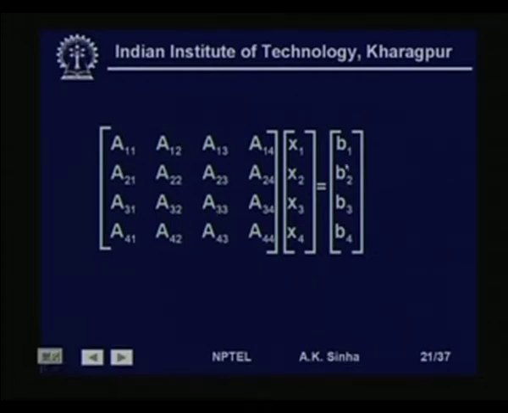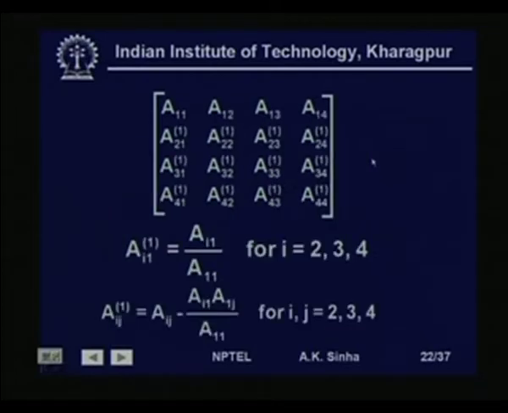Ax = b. Now, as we are doing the Gauss elimination process, we multiply this row with whatever value we had at this position, that is multiplied by this divided by this, and then subtract from this.